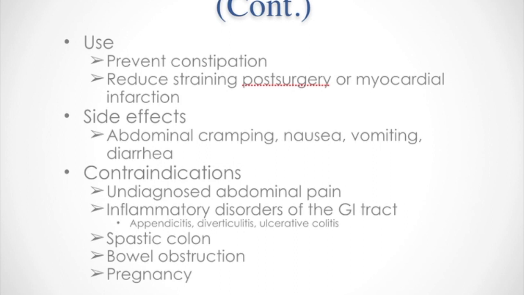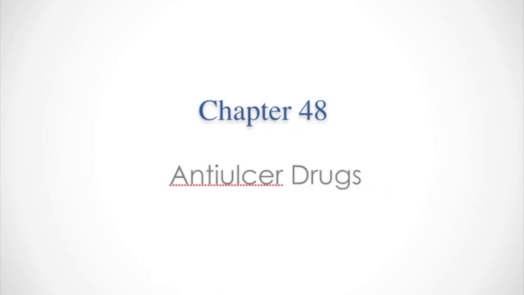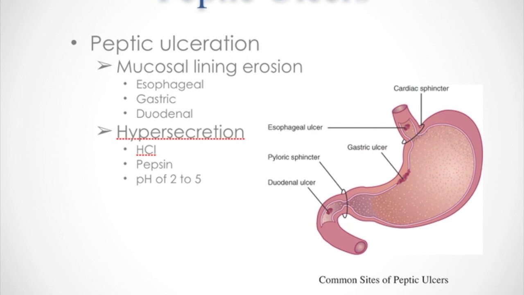This last chapter, chapter 48, we're going to talk about anti-ulcer drugs. And the first thing we need to know is, what is an ulcer? An ulcer or a peptic ulcer is a broad term for an ulcer that occurs in the esophagus, stomach, or duodenum.